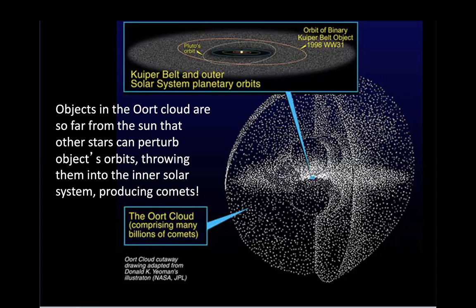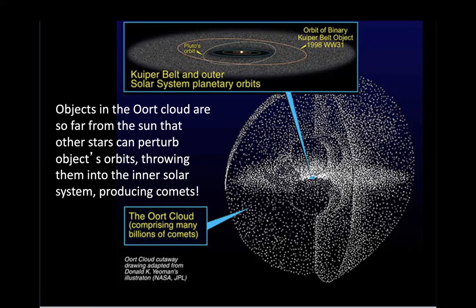The thing is, the Oort cloud in particular extends so far from the sun that the gravity of other stars is relevant. As other stars pass kind of close to the sun, it can change the orbits of these objects far from the sun, allowing them to fall into the inner solar system.